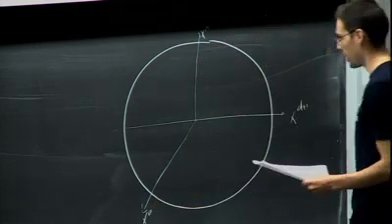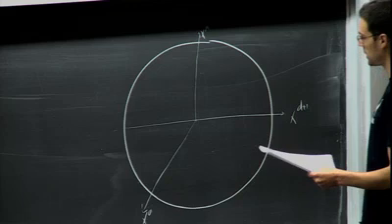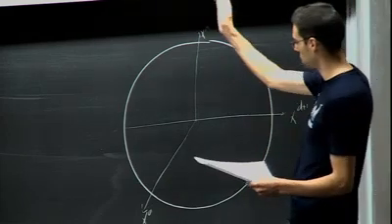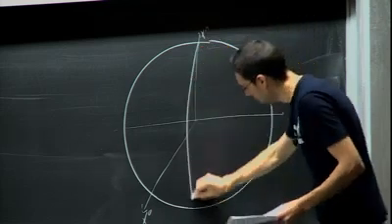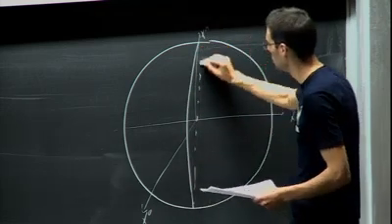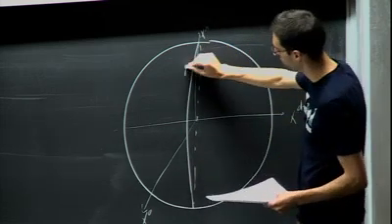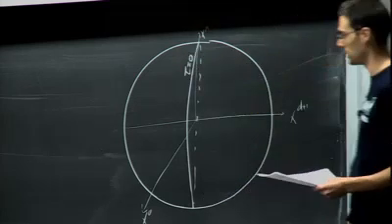Okay. So for example, a surface tau equal constant is just to cut this in half. So the surface tau equal constant is this surface. Okay. So this is tau equals 0.